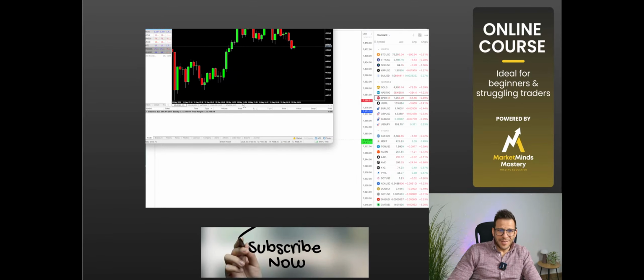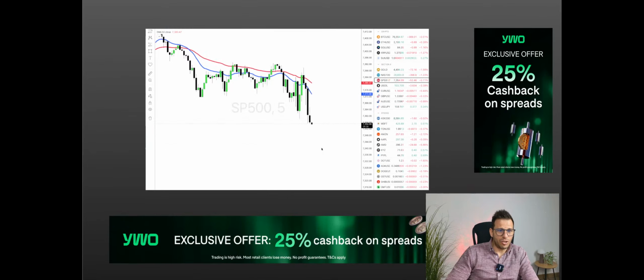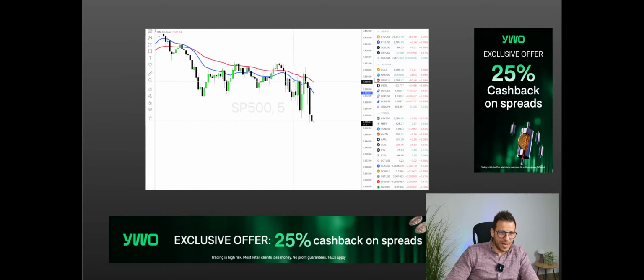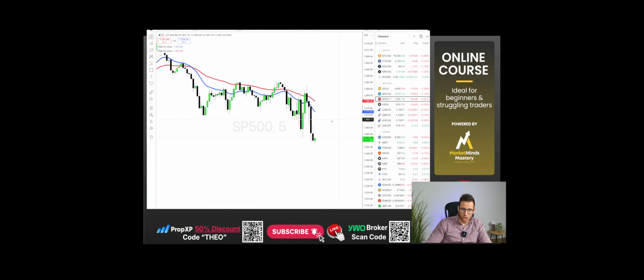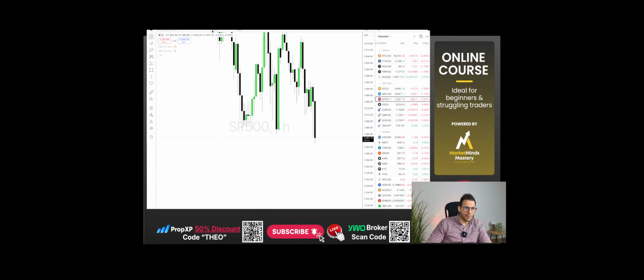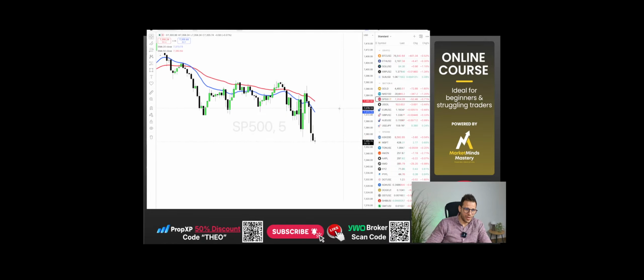If you don't understand risk management, guys, I cannot stress how important risk management is. Risk management is everything in trading. So what did we trade here? Both of them were trend trades, following the trend. I said that on the higher time frames like hourly, daily, 4 hours and so on, we don't use moving averages.